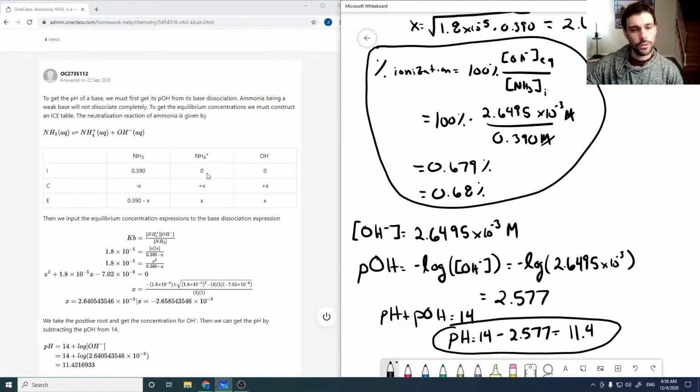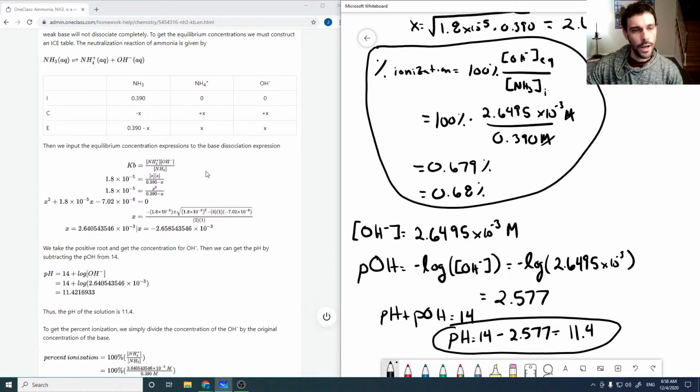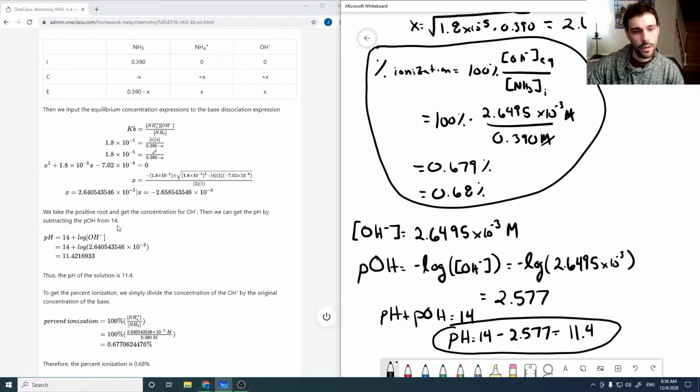Looking through the solution as given here. As we can see here, they didn't make this simplifying assumption and use the quadratic equation. And so their value does come out to be slightly different. So 2.64 versus 2.649. So we're off in the second decimal place.